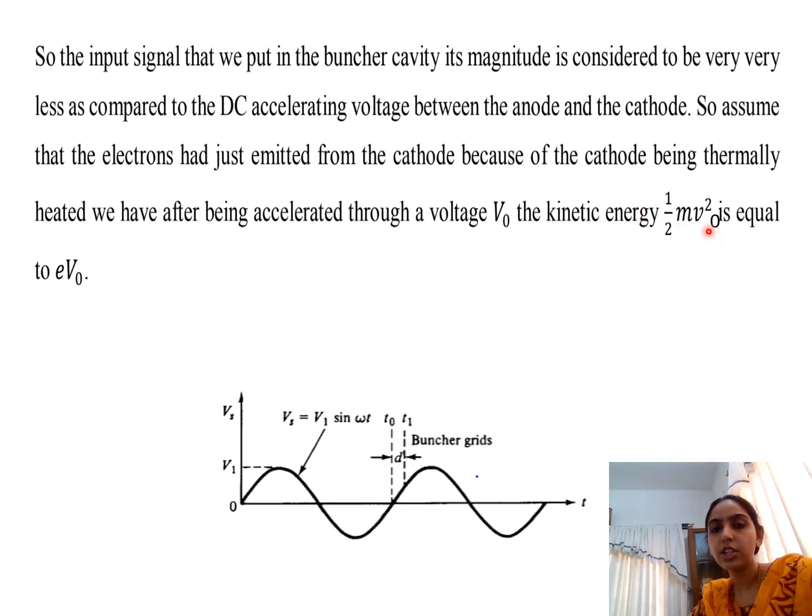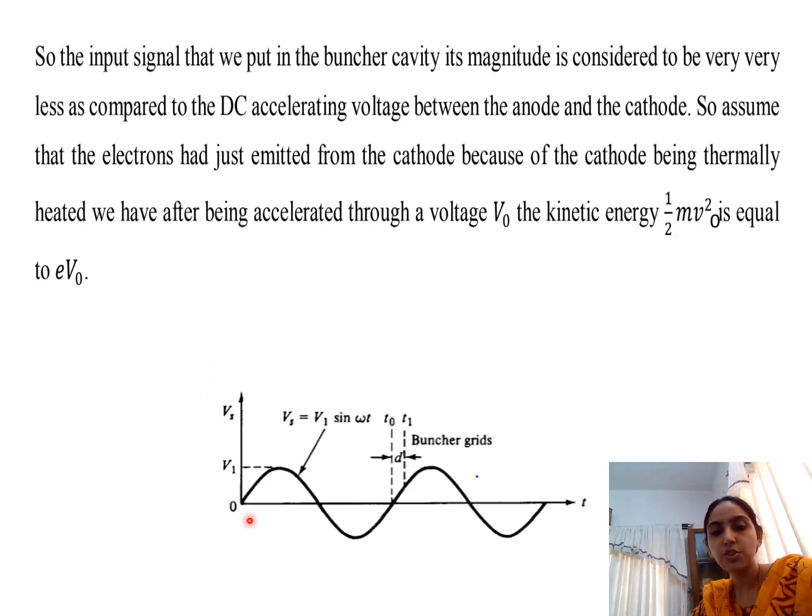Both the potential energy and the kinetic energy of the electron will be equal when it initially arrives in the buncher cavity.